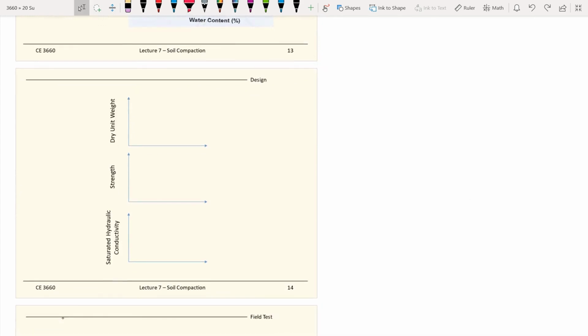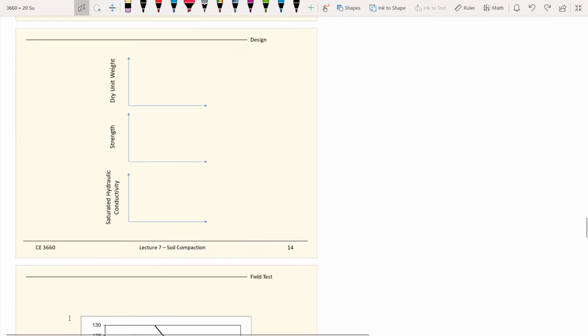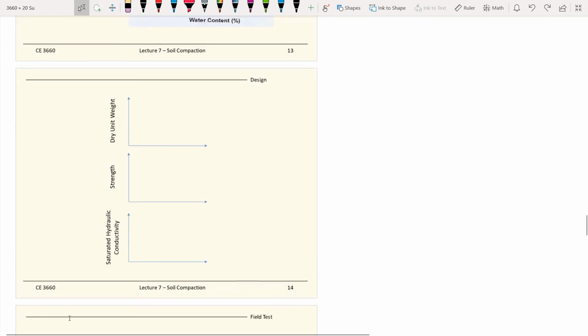So for design, furthermore, we also need to think of the water content. The soil type matters based on what you want to achieve, and the water content also affects your soil performance, your final grade or earth material that you pick. What outcome you want is not only because of the soil type, but the water content is also important.